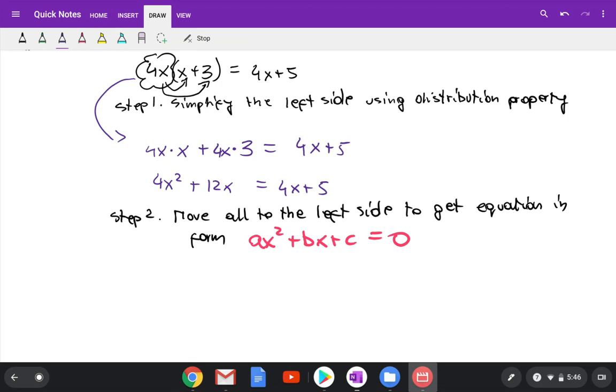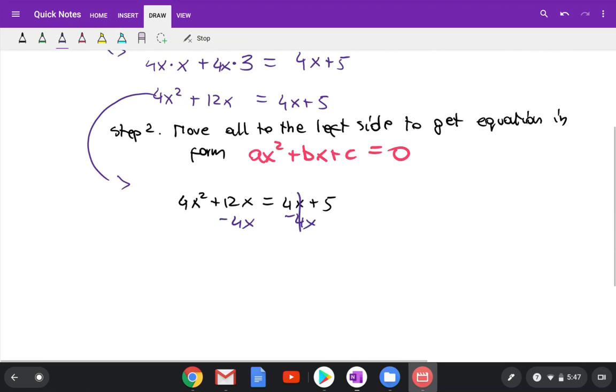So in our example, we have 4x squared plus 12x equals 4x plus 5. We're bringing 4x and 5 to the left side. First we're going to subtract 4x from both sides. That will give us 4x squared plus 8x equals 5.